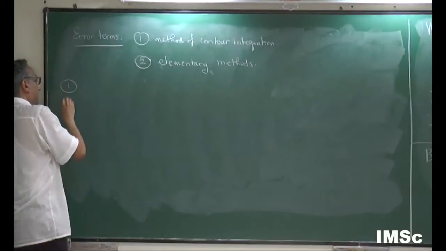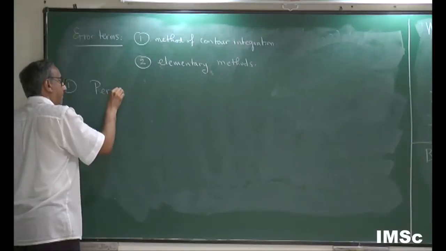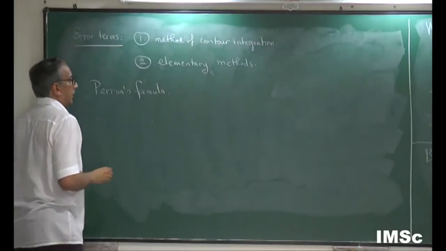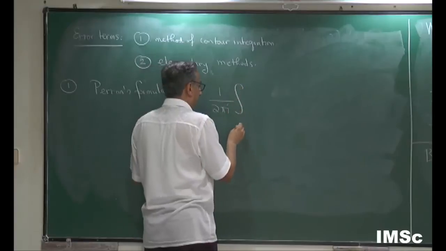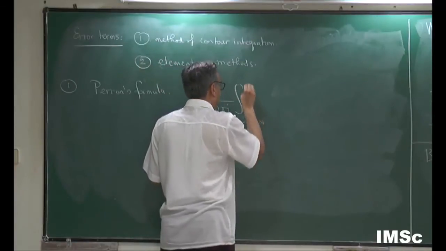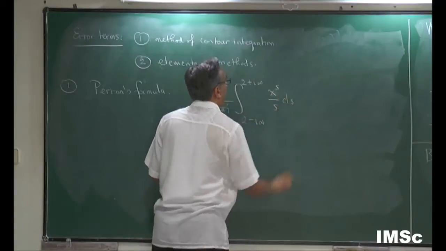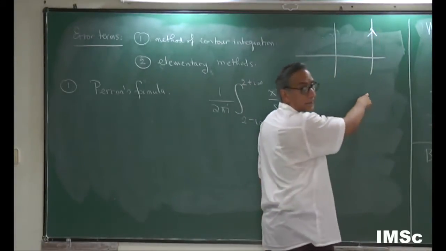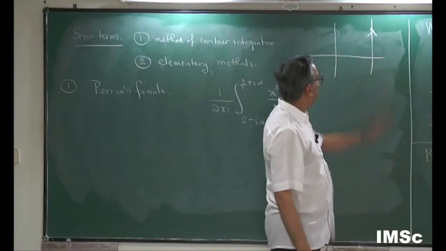Let me talk about the method of contour integration. A key point is that you use what's called Perron's formula, which is the following. If you take this vertical line integral, so here you are in the complex plane, instead of integrating from minus infinity to infinity in the real world, you integrate along the vertical line.